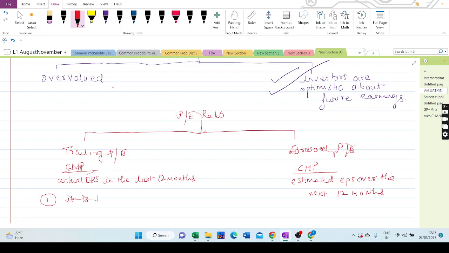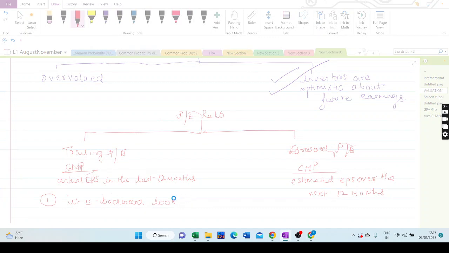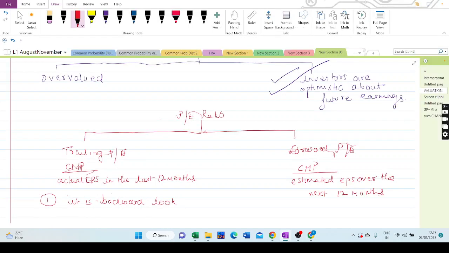So it is historical in nature. And naturally forward PE, because it's using estimated EPS, is forward looking in nature, right?